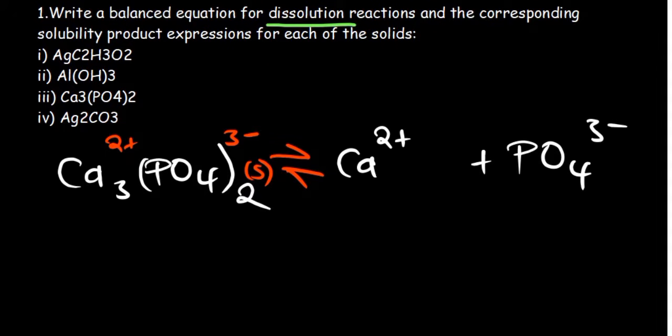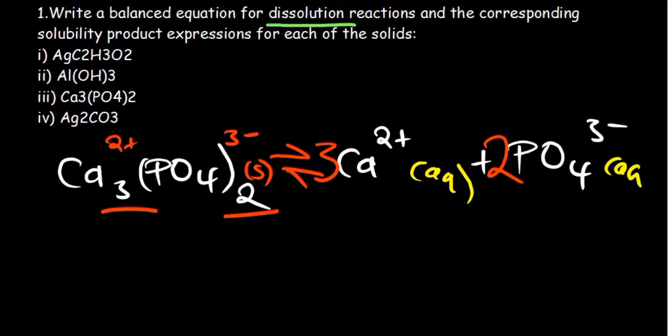Now, for us to balance, we need to look at the subscripts that we have there. So for calcium we have a 3, and then for PO4 we have 2. So in this case we've balanced our ions in our equation. So all these are in aqueous states, very important, and therefore our KSP expression is going to be equivalent to our calcium.